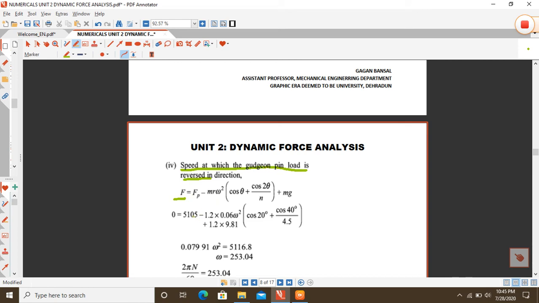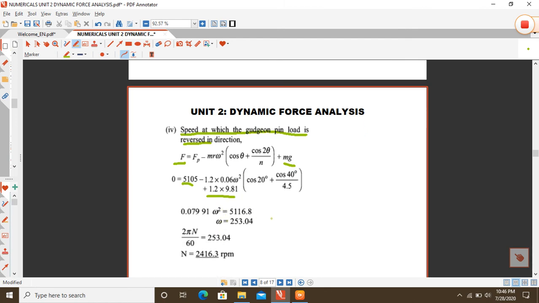So FP is known to us, that is 5105, m is 1.2 into r is 0.06, then omega square as cos 20 plus cos 40 upon 4.5 plus the value of mg, that is 1.2 into 9.81. Put all these values and we get omega as 253.04 radian per second.